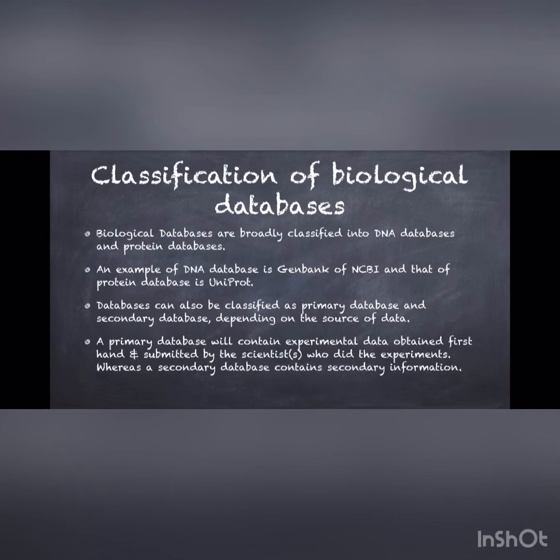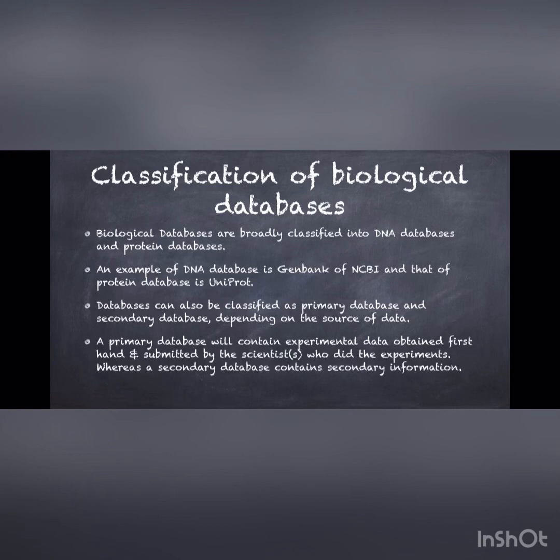Databases can also be classified as primary database and secondary database depending on the source of data. A primary database will contain experimental data obtained firsthand and submitted by the scientists who did the experiments themselves, whereas a secondary database contains secondary information. That is, if someone uses primary data from a source and uses it, the data that he or she produces is secondary data.